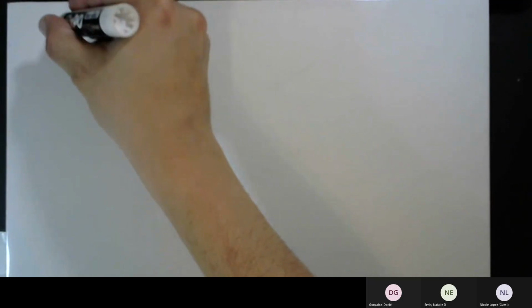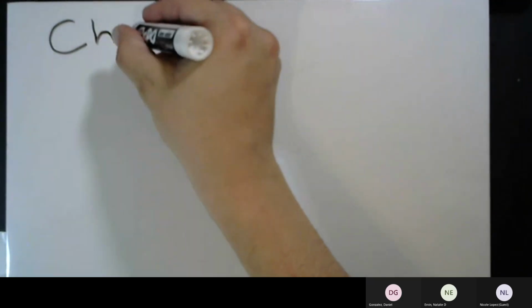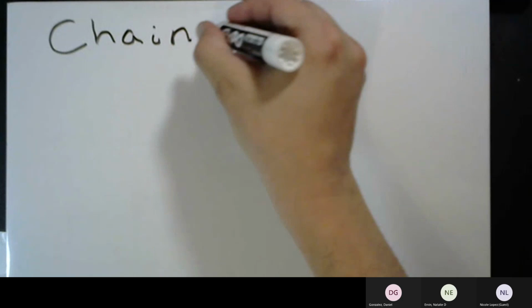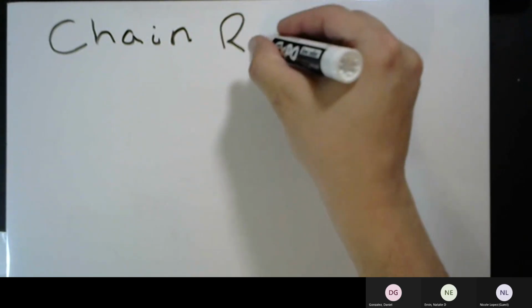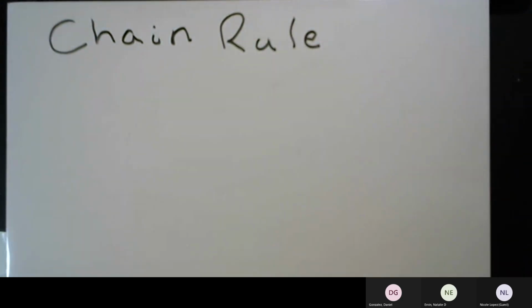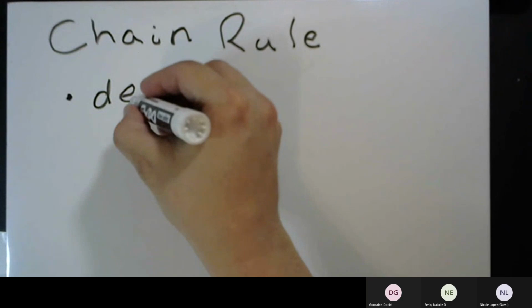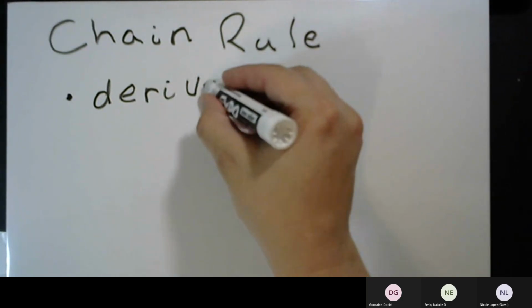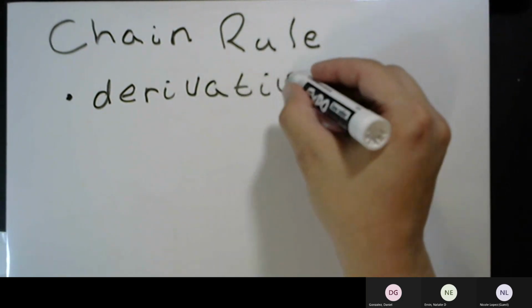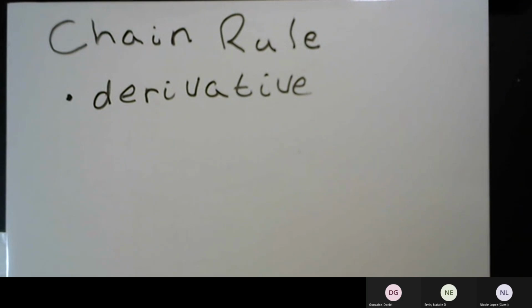What we're looking at here is that we're going to start to get into some more applications of the derivative, starting with something called the chain rule. In the chain rule, we're looking at the derivative of a special form.